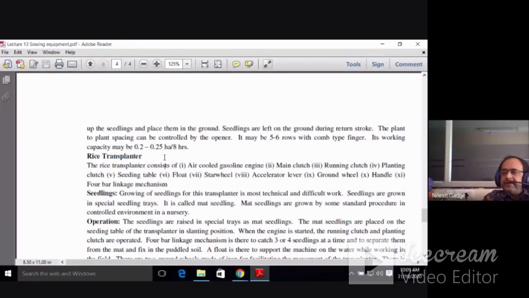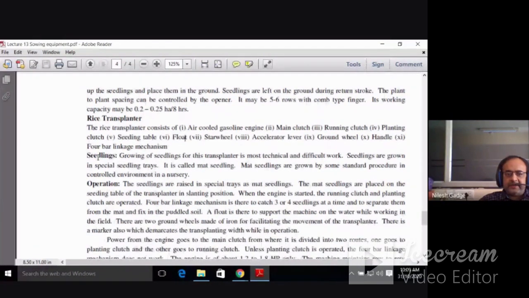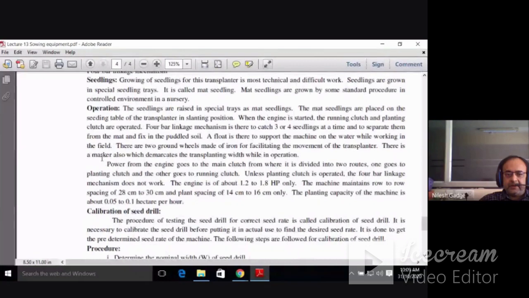Seed drill and planter are the same. A transplanter is different, because there is a rice transplanter and a vegetable transplanter. When seedlings are prepared in the nursery and those seedlings are sown by the machine, that machine is called a transplanter. A transplanter has some clutches, like the main clutch, running clutch, planting clutch. It is not for your whole study. You should just know what a transplanter is, and that seedlings are prepared in the nursery.